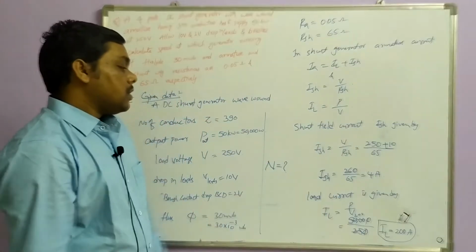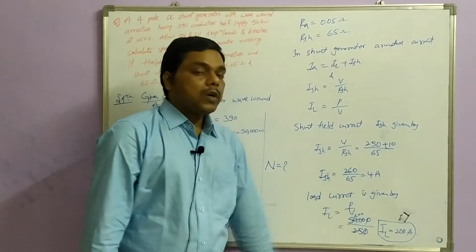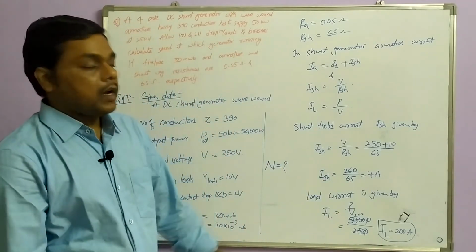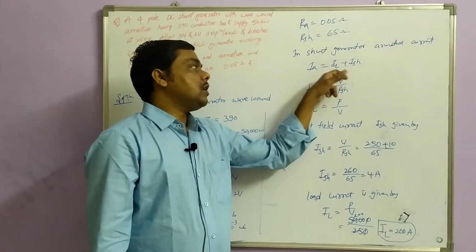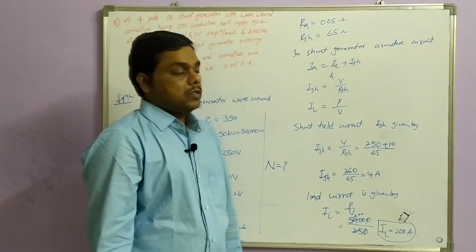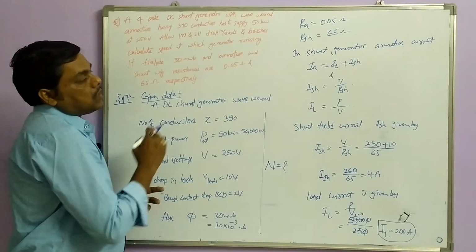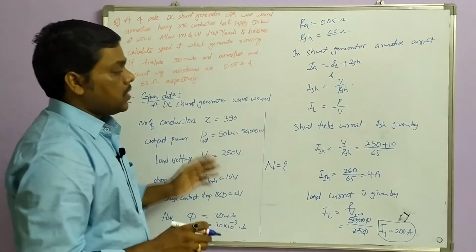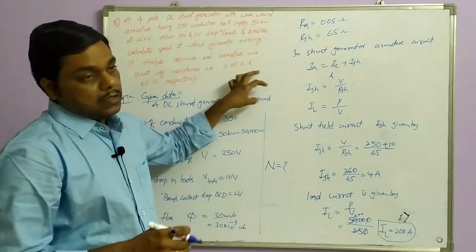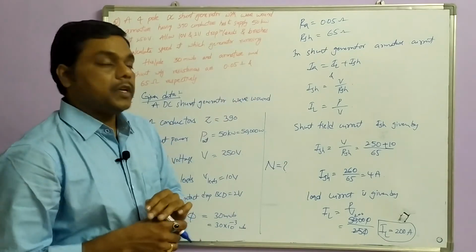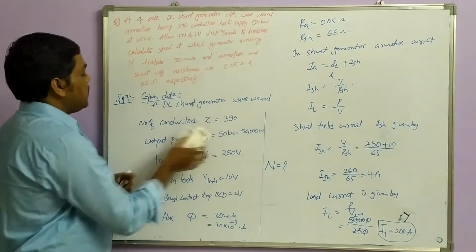Now load current is determined and shunt current is determined. So what is the value of armature current? From this, armature current is IL plus ISH. Now we will determine the armature current, then we will go for the generated EMF and the actual speed of the generator. Now I will take off this given data.